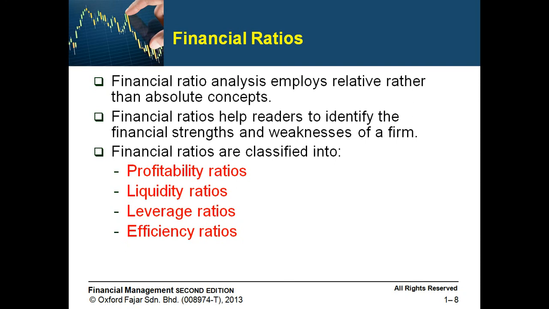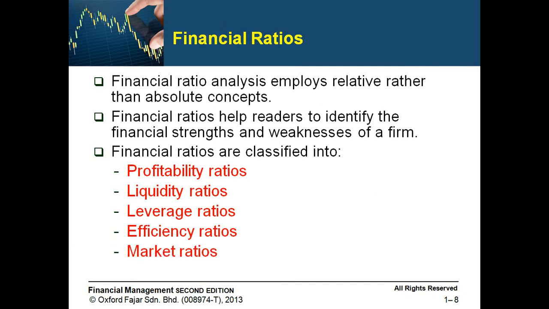Third, lastly, the efficiency ratios. Most companies probably have more assets and bought more machines, but sometimes they generate income at low levels. So we want to measure the efficiency performance of this company. Is this company efficient, fully utilizing the assets to generate more income?